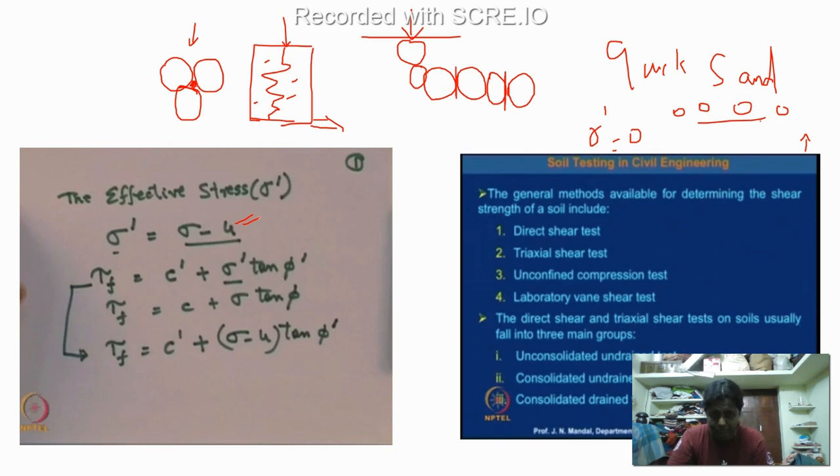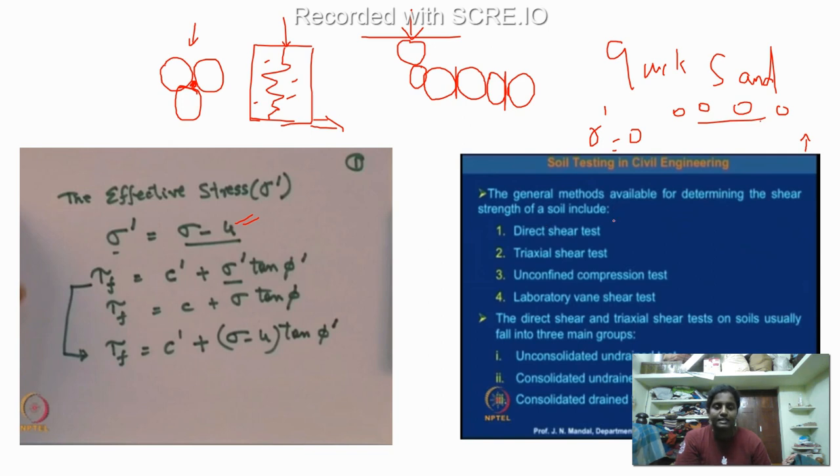We call that liquefaction, similar to a quicksand condition, where your pore water pressure is rapidly built up, your soil loses its strength, and the effective stress becomes zero in a liquefied condition. So the soil will flow like a liquid, and all your structures may fall. That's why we have to be very much concerned about effective stress, and always ensure that our pore water pressure is negligible. Okay, fine.